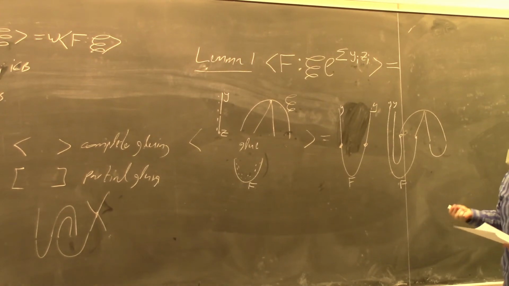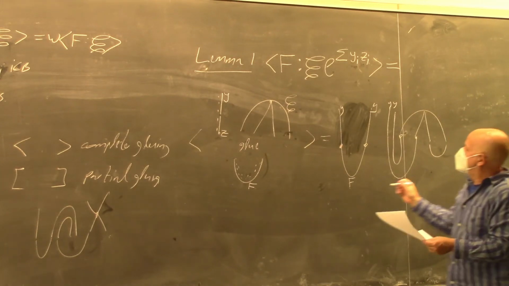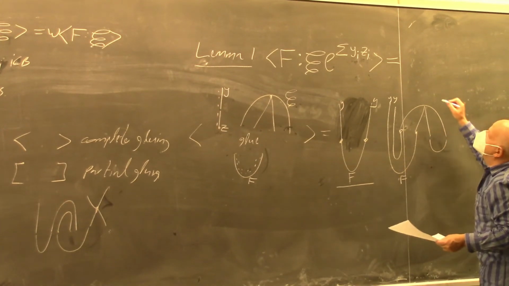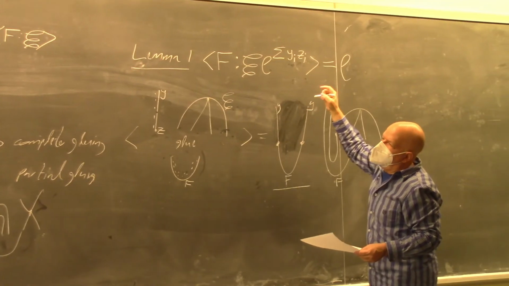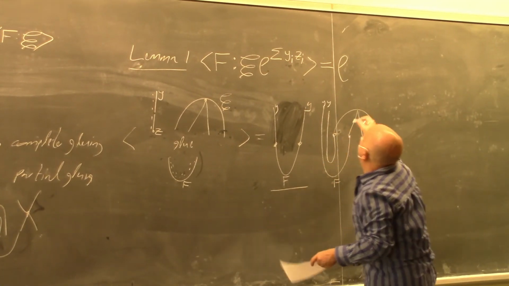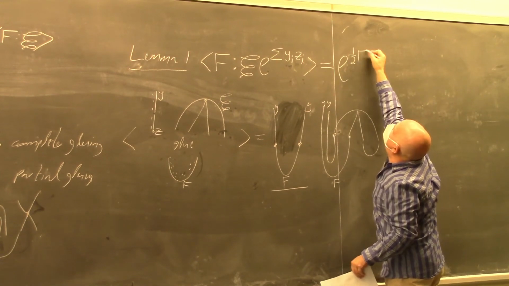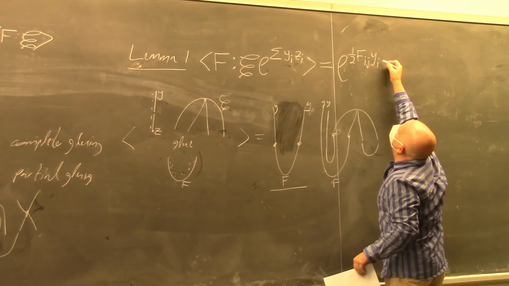How do I turn it into a formula? So these things together make e to the 1/2 fij yi yj.